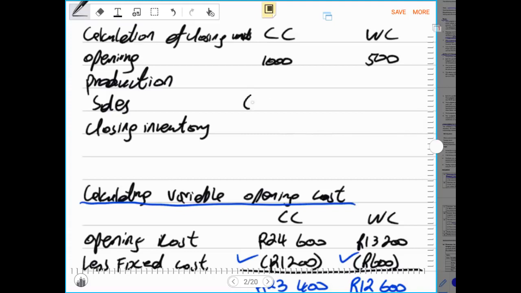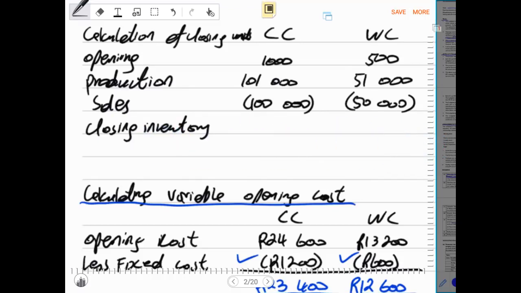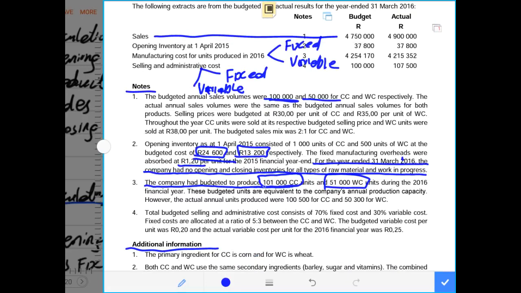My sales are 100,000 units and 50,000 units that were budgeted. And my production, as we have seen, was 101,000 units and 51,000 units. Let me just confirm that we had 101,000 units budgeted and 51,000 units that were budgeted.